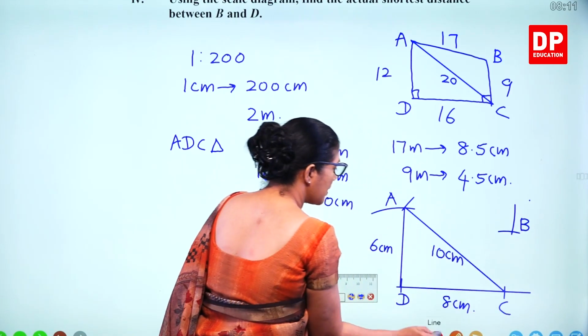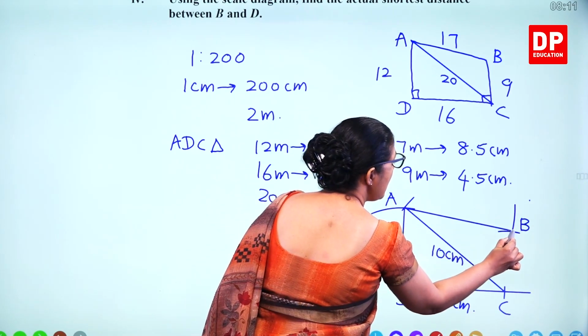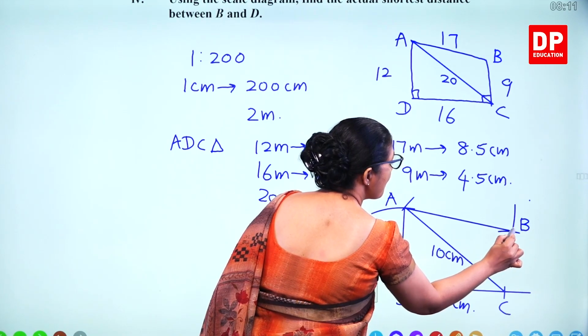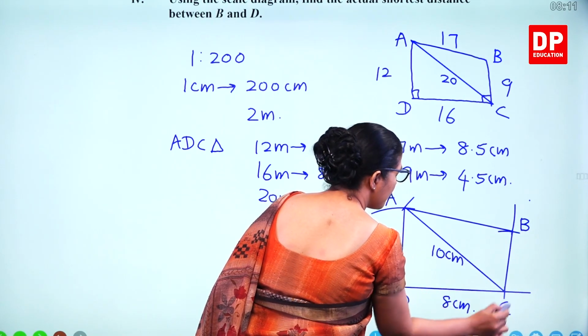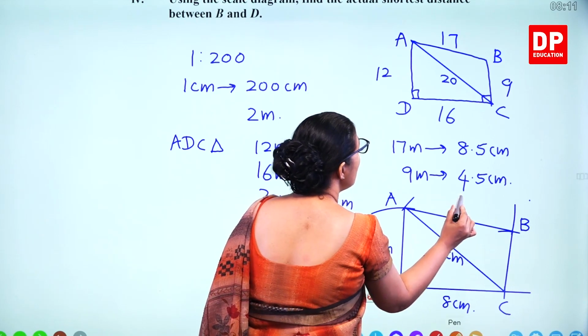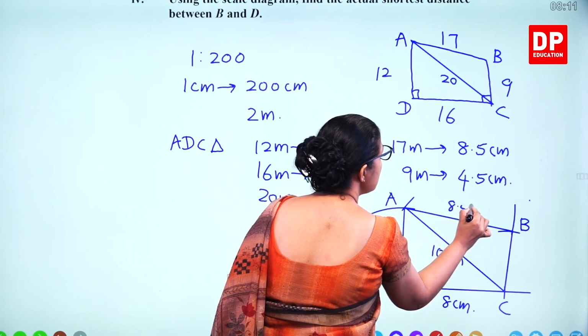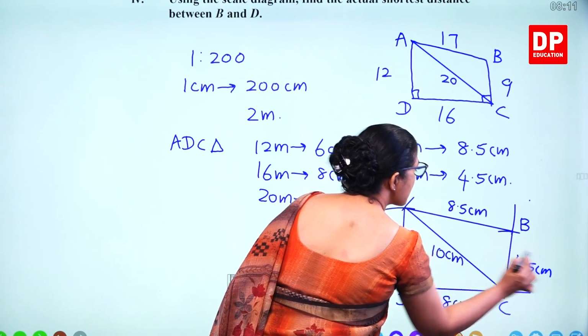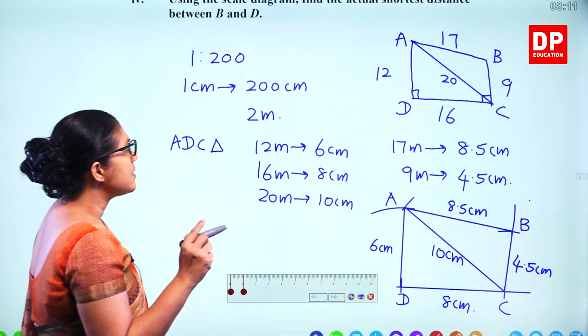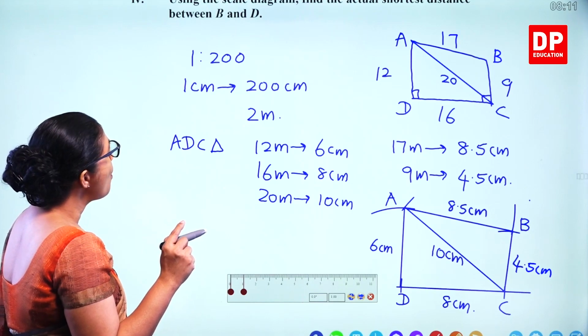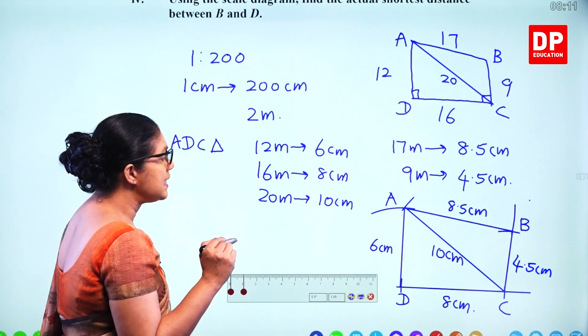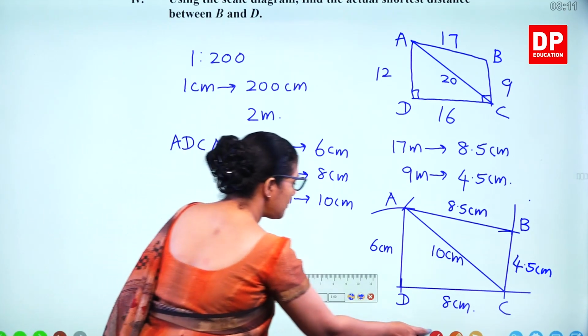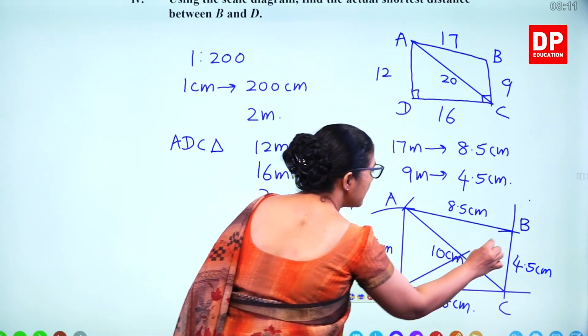Now connect A with B, B with C. So here we took 8.5 centimeters and this is 4.5 centimeters. So that's the scale diagram, and now we have to measure BD length. You draw a line.